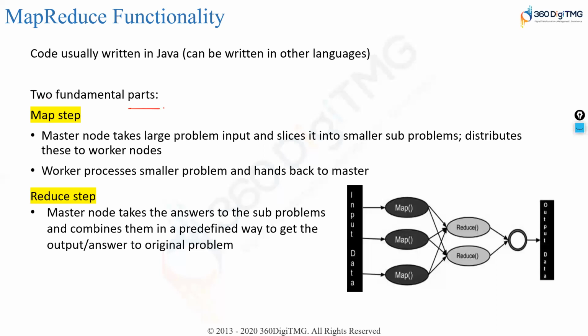Two fundamental parts, map step. The master node takes the large problem input and slices it into sub-problems, subtasks. These tasks are assigned to individual nodes, data nodes. So the master node, the resource manager, is going to take the request, break it up and distribute it across to all the node managers, which are running on the slave nodes.